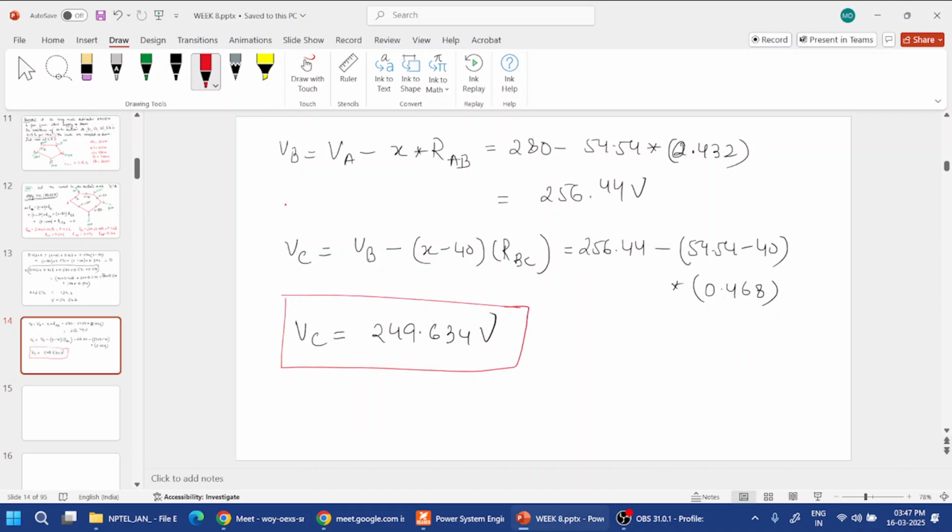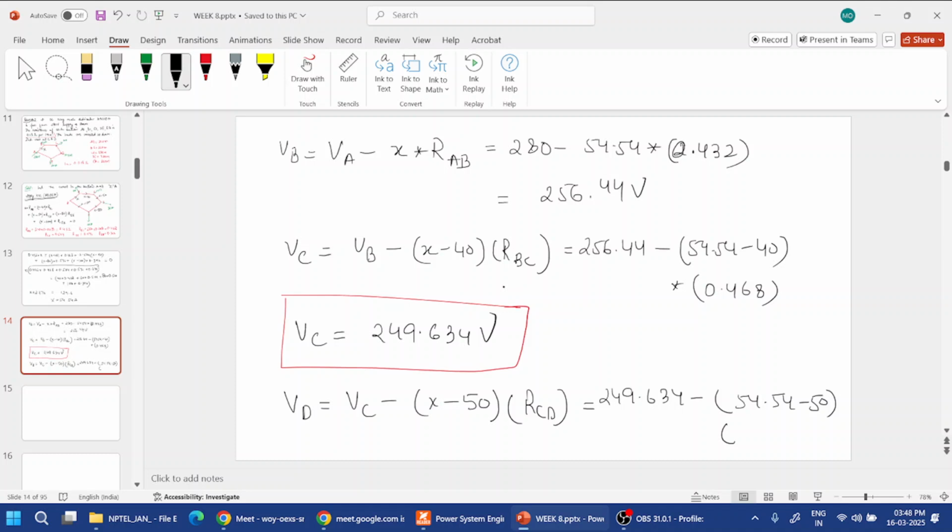If not coming, then write in the chat box. I will solve it for you. It's a simple calculation. Similarly, VD is VC minus X minus 50 into RCD. VC we just calculated. Always cross check these values, because sometimes calculation errors occur on my side also, because I have to teach and write both things at the same time.